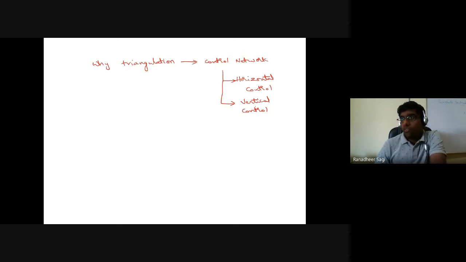But in general, when we talk about triangulation or traversing, these techniques are mostly adopted in preparing a control network for horizontal control.